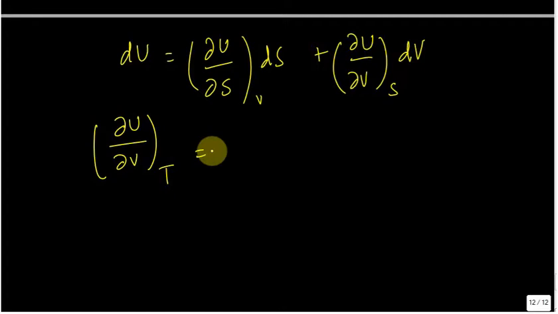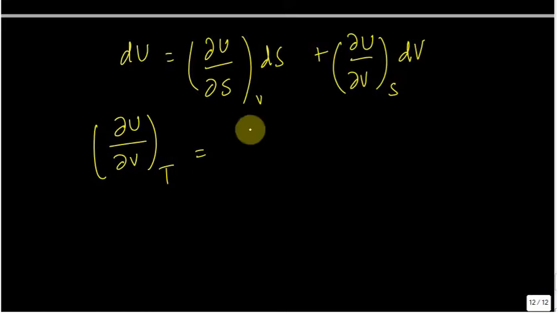The first term is a slope in the S direction. It tells me how much U is going to change if I make a change along S. This one is a slope along the V direction. So these are kind of constants, and when I divide by dV, I don't need to divide those numbers.